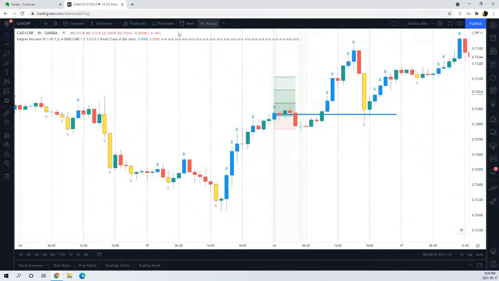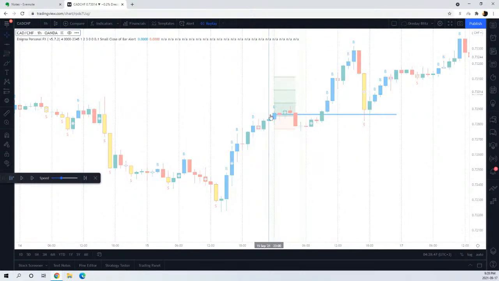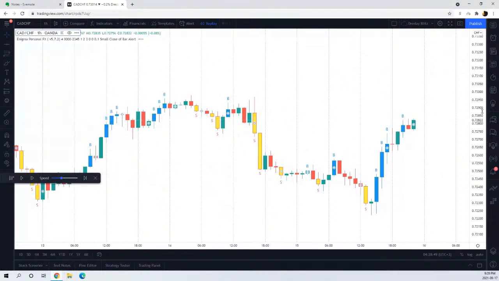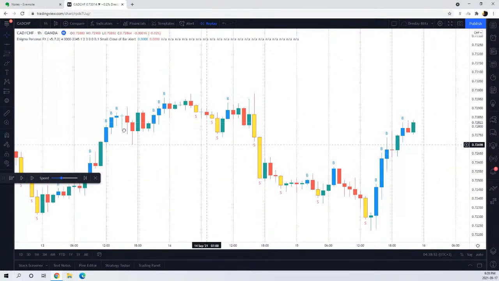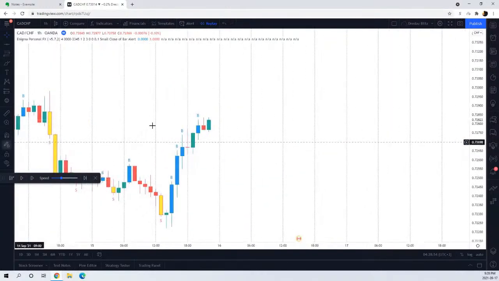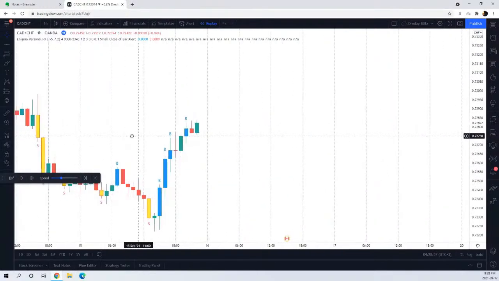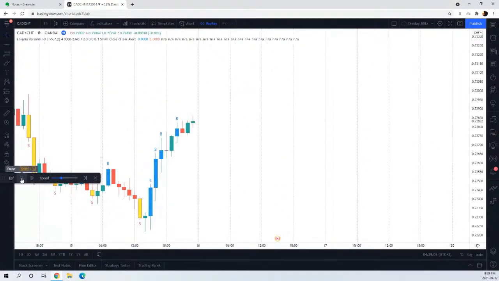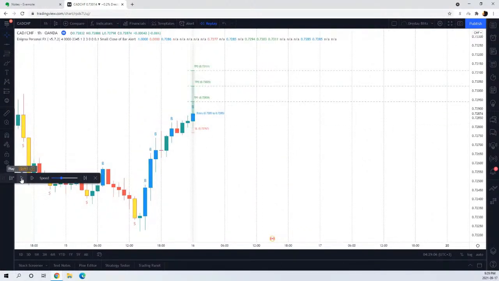So this one for sure it lost because it didn't touch TP1, but we'll still do a replay on this one, so you could see exactly the price and where the market went after. Let's see, go back. Okay, let's continue. There you go.